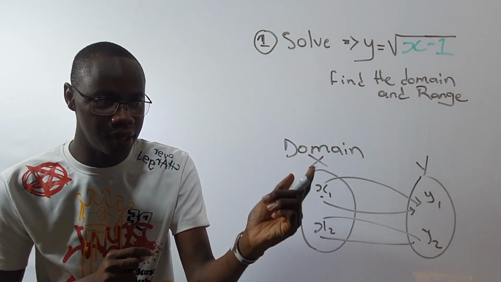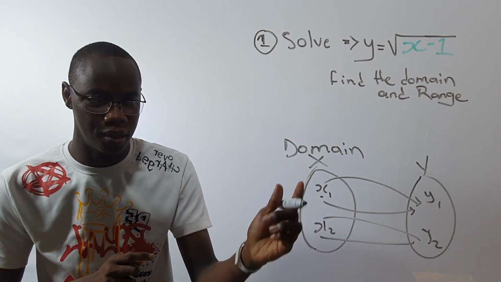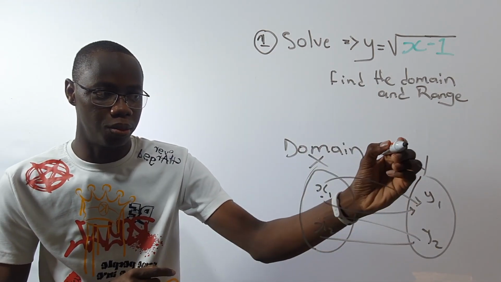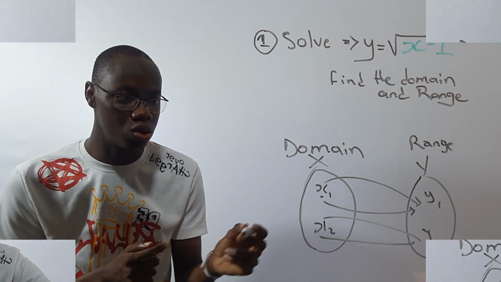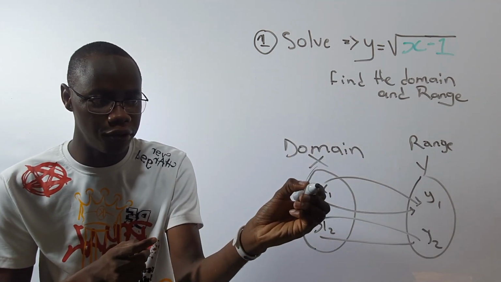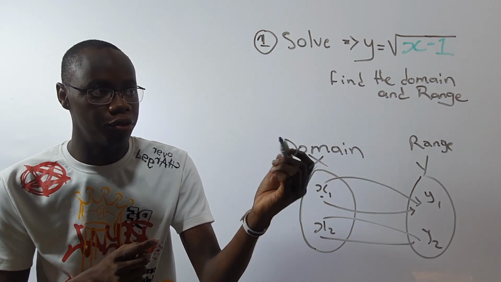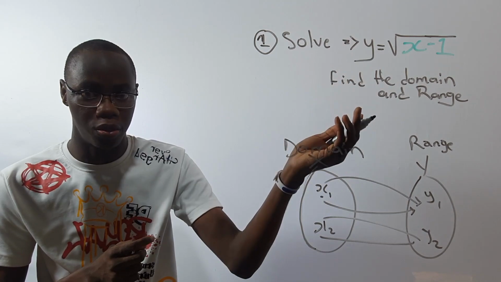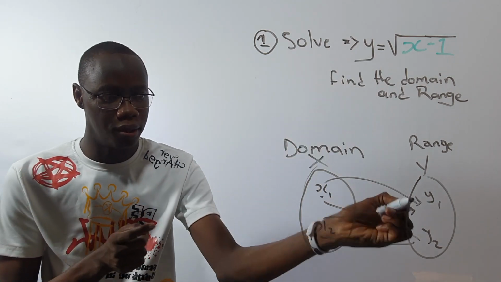We need to find certain numbers that will reproduce another set, and this is the range. So these ones are independent and these ones depend on this one. So every time we find this one, for example x, if we put x here as, let's say, 2, it will produce y, right?